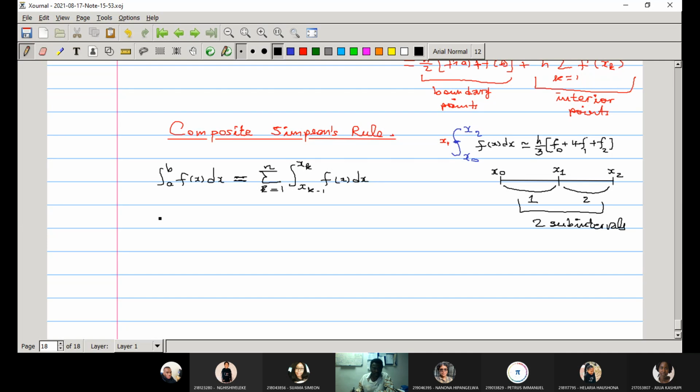Okay, so in this case, I'm saying that H then should be B minus A divided by 2 something, right? But that something I call N. But this 2N, I can call that capital N, the number of subintervals, right?